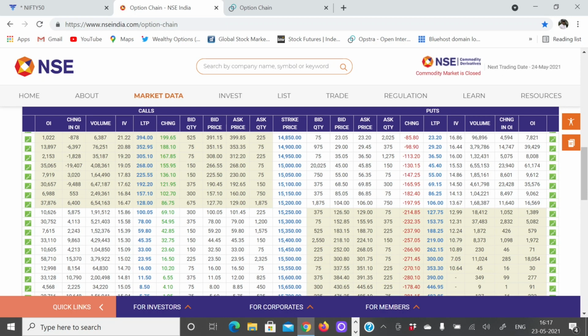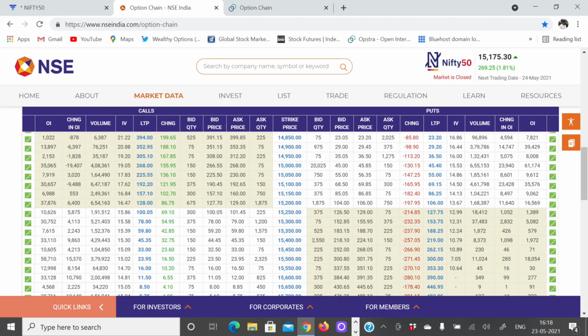Now apart from LTP, it also shows the bid price and ask price. It is important to know the bid price and the ask price, especially if the stock or index is not very liquid. Not very liquid means the difference between the bid price and ask price is high. Then when you place a market order, let's say you want to buy at 128 rupees, and the ask price, the offer price, is only 135 rupees.